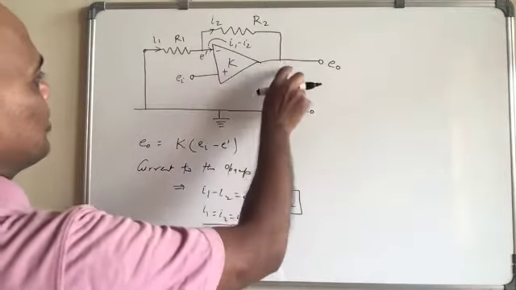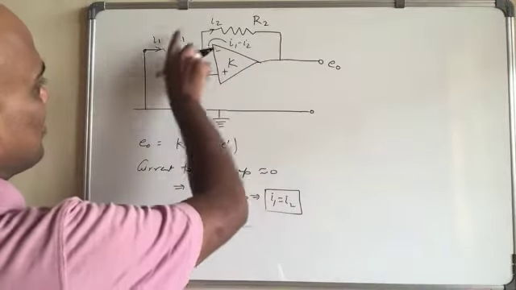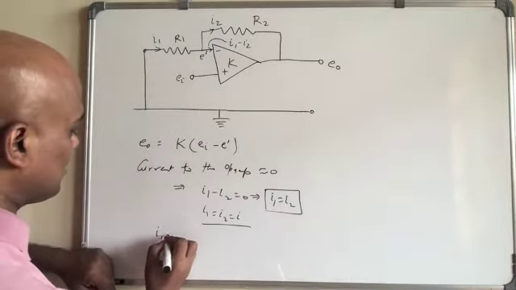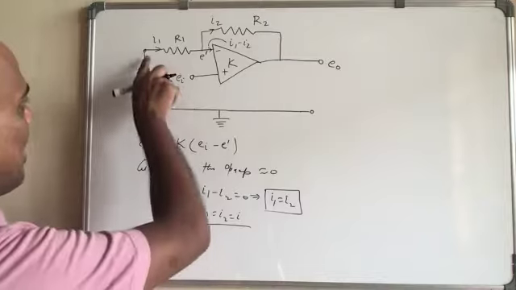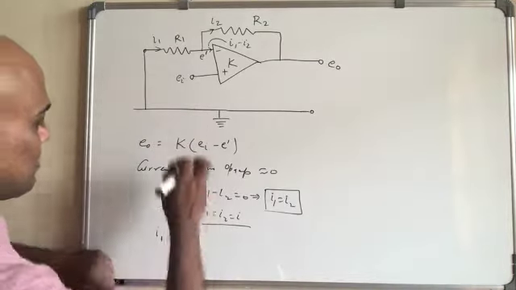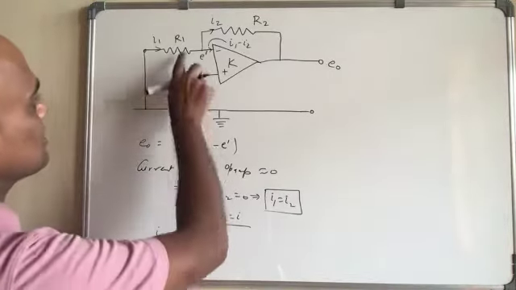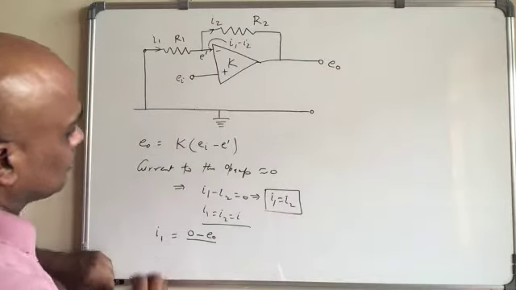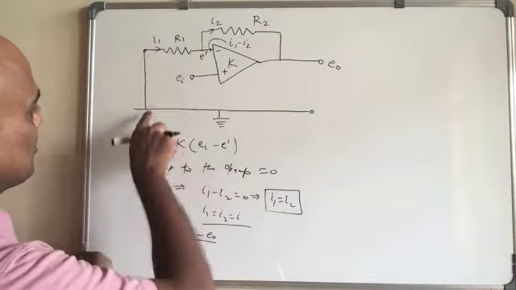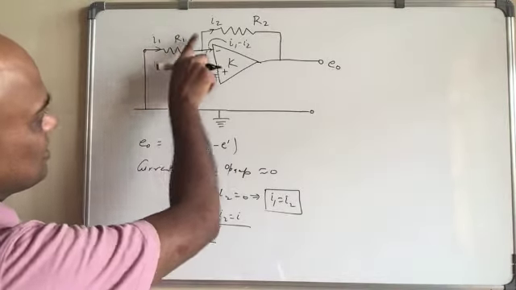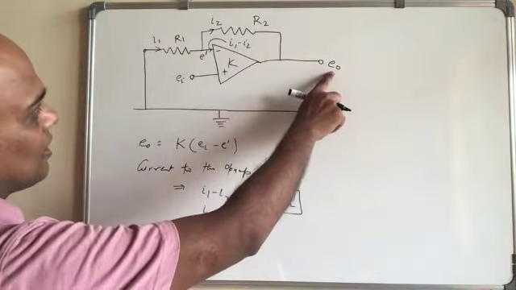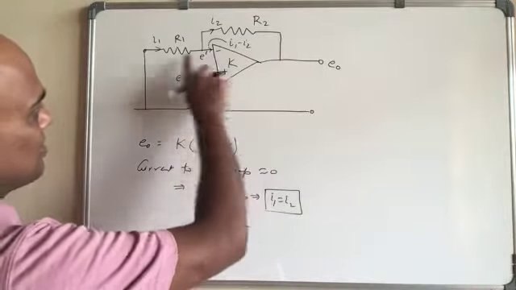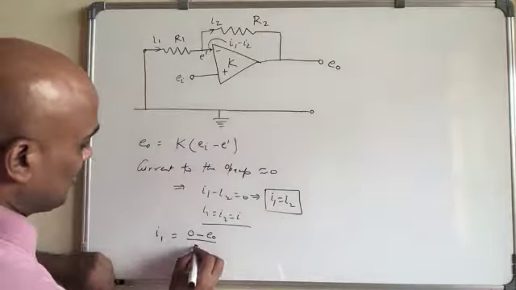Then the current which flows from here to here, we can write as I equal to 0 minus E naught, because this is grounded, divided by the total resistance. Total resistance is R1 plus R2.